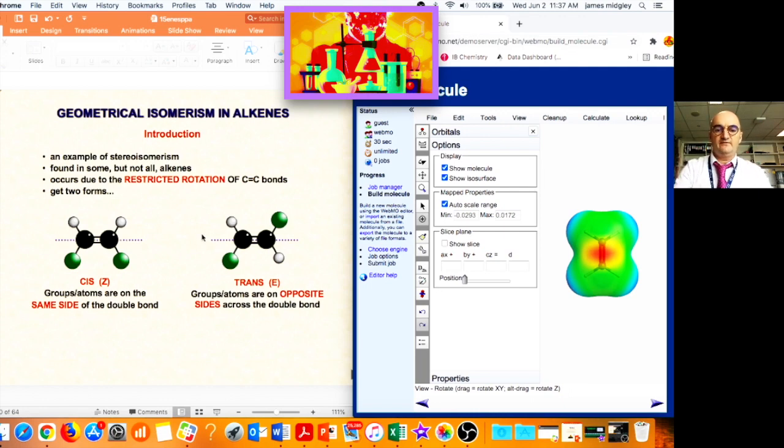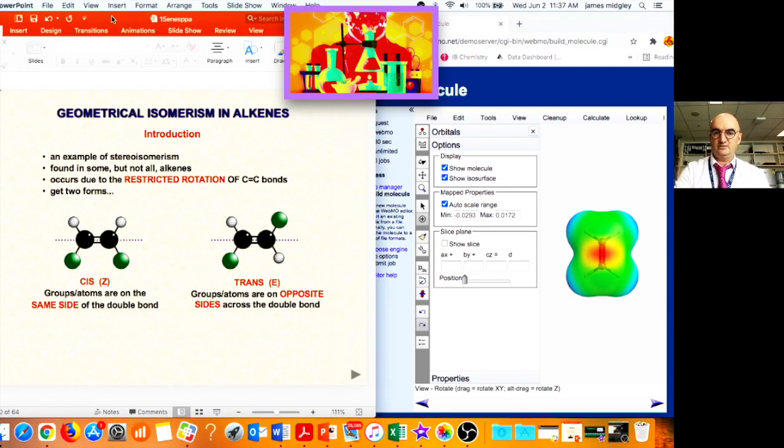So when we have different groups on either side, we need to communicate which isomer we have. We use the words cis and trans, and we use the CIP system, which we'll come to shortly, for Z and E. They are not always equivalent on the naming system.